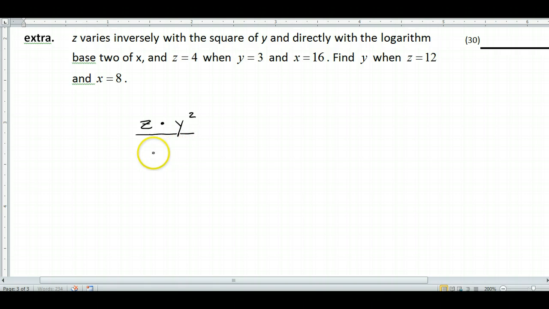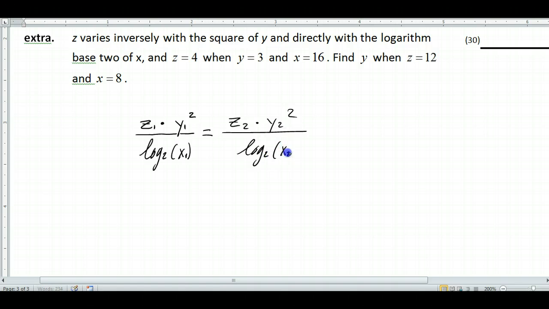Directly with what? The log base 2 of x. So this is a property. So here I'm going to write z1, y1, x1. And if you take another set of values with z2, y2, and x2, you will have this, over log base 2 of x2.